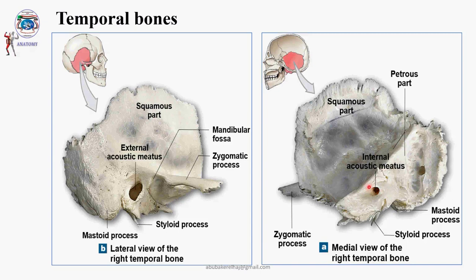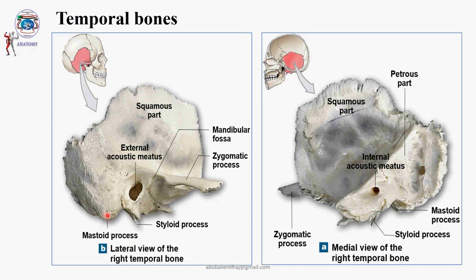The anterior view actually differs totally from the lateral view. In the anterior view this is the squamous part, and this is the site of the suture with the parietal bone, but here we have the most important part of the temporal bone, which is called the petrous part of the temporal bone.